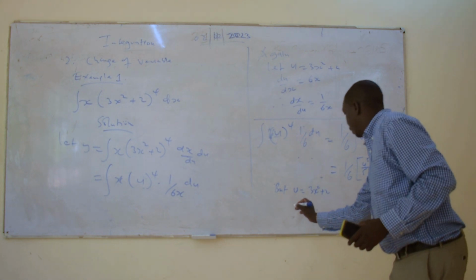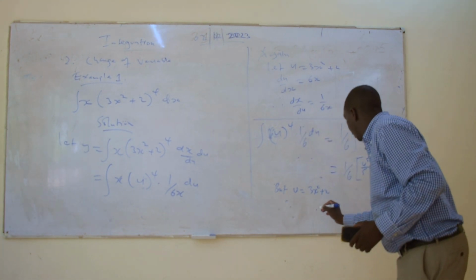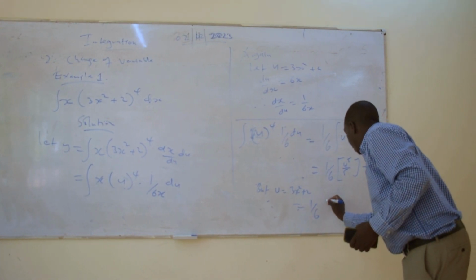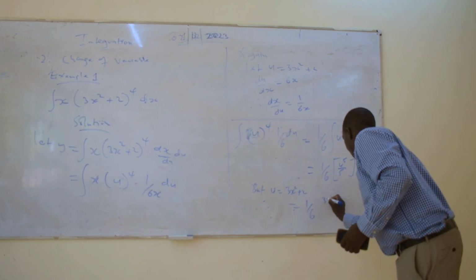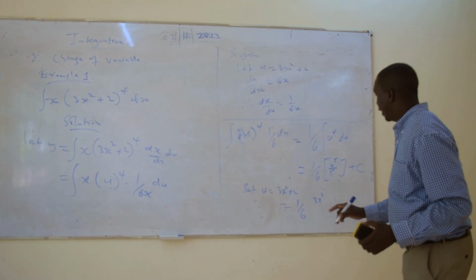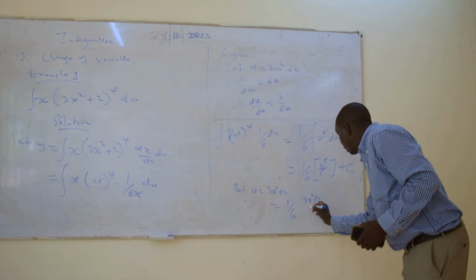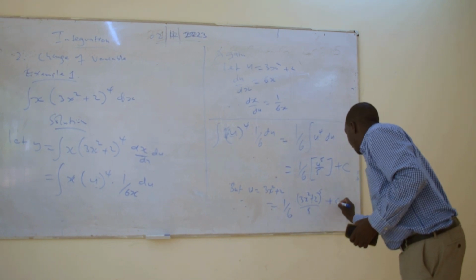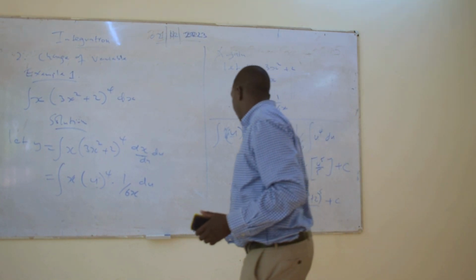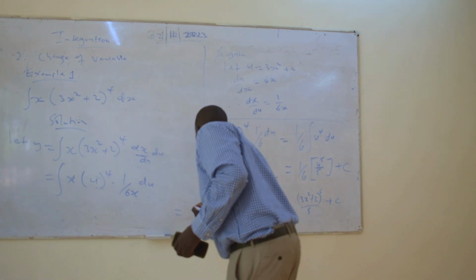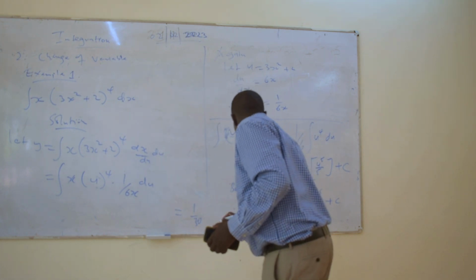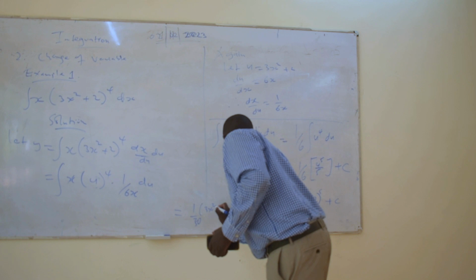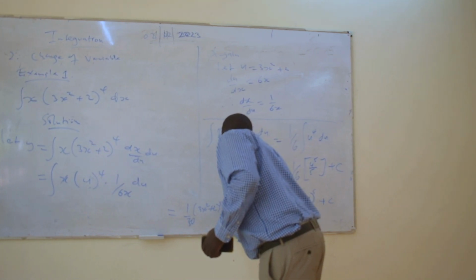Therefore we have 1 over 6 times (3x squared plus 2) raised to power 5 over 5 plus c, and that is equal to 1 over 30 times (3x squared plus 2) raised to power 5 plus c.